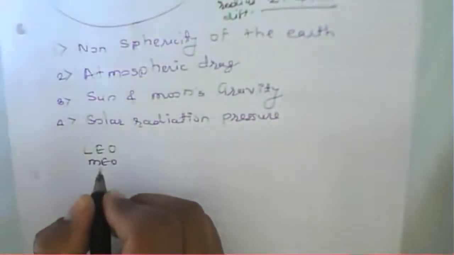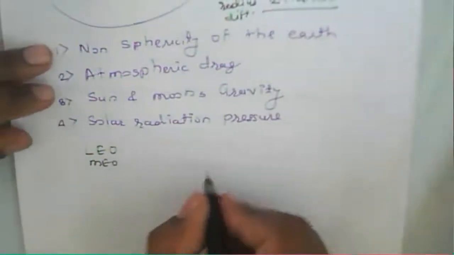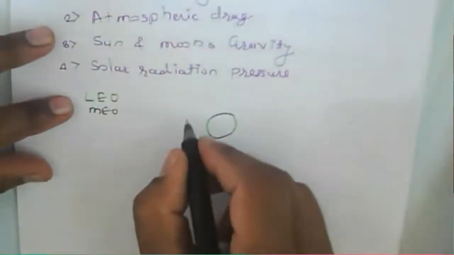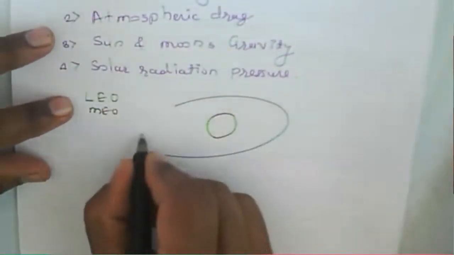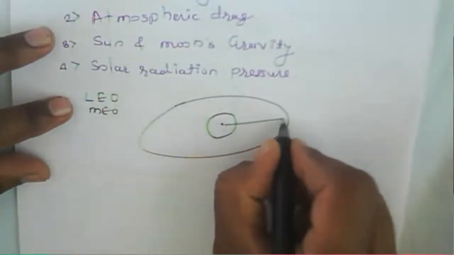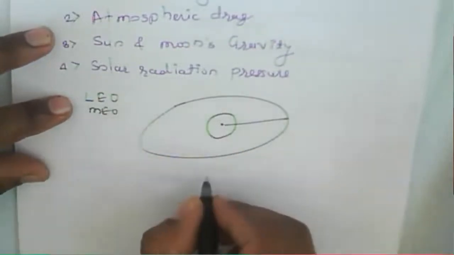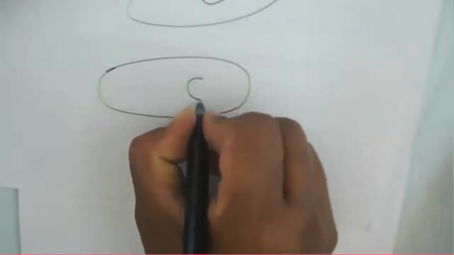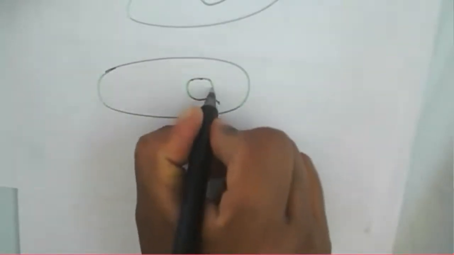Okay, consider a low earth orbit satellite, or a medium earth orbit satellite. In that case, I'll draw an ellipse first. Sorry, not eclipse, it should be a proper ellipse.